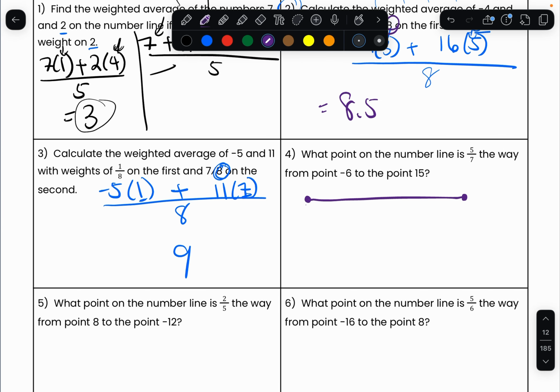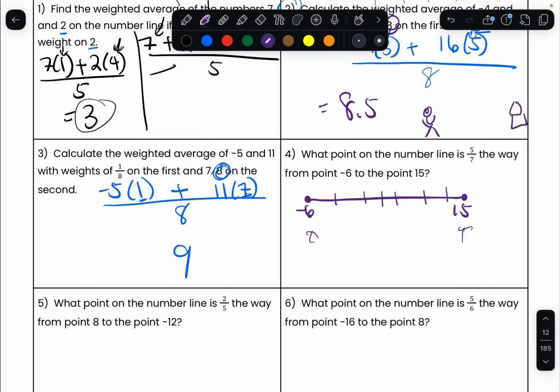for -6 to 15. Now, if I say I'm 5/7 of the way from here to here, this means I'm going to have to break my line segment into 7 equal spaces. Now, hopefully that makes sense to you. It's just like if I'm saying, hey, I'm a person, I want to go to my house.